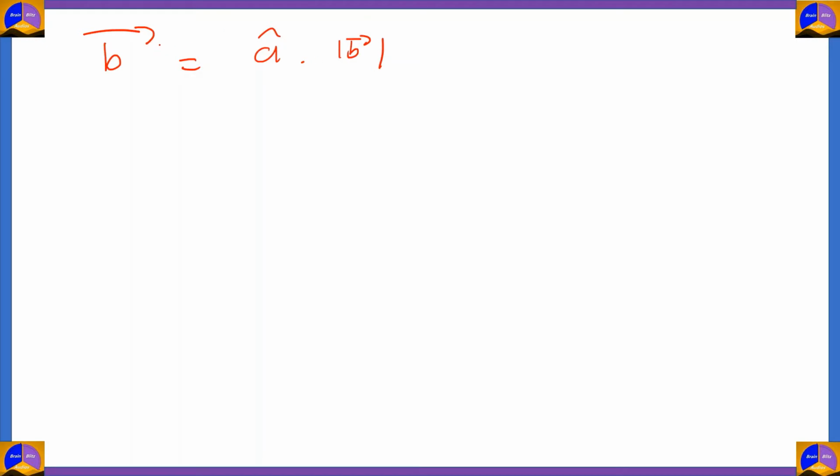So vector B has the same unit vector as vector A, so we can put the unit vector of A here, and we have the magnitude of vector B given. So magnitude of vector B is 21, and A cap, which is the unit vector, is 2 by 7i minus 3 by 7j plus 6 by 7k. So now let's distribute it throughout the terms in the bracket.